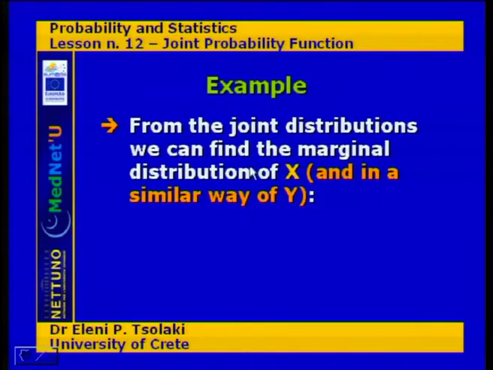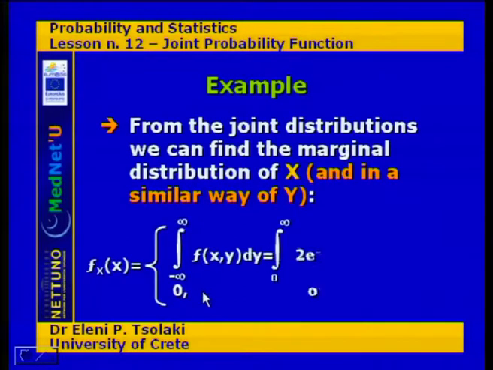Now, from the joint distribution function, we can find the marginal distribution of x in a similar way of y by calculating here the integral from minus infinity to infinity of the joint distribution function with respect to y.